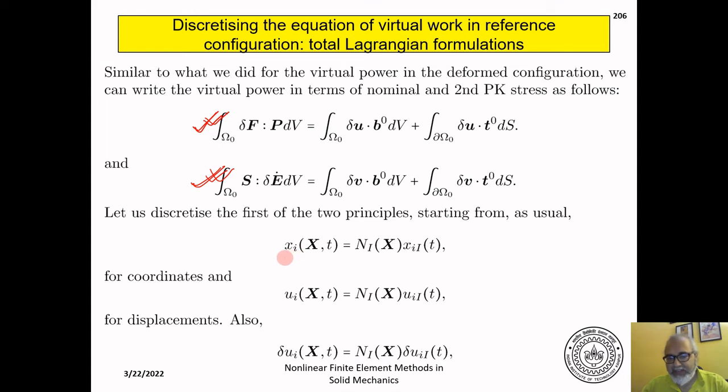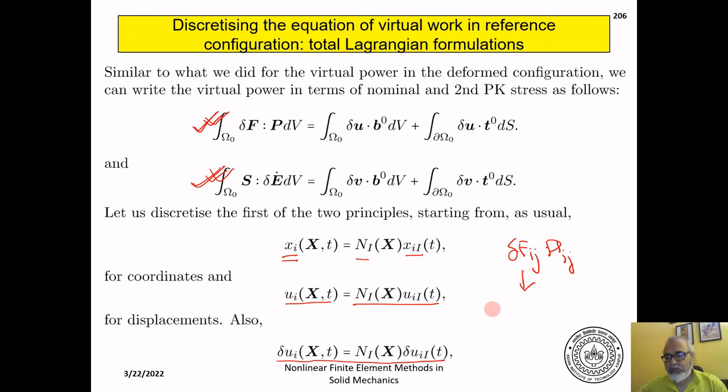Again, xi, the position vectors, are Ni times xIi, and displacement components are interpolated in exactly the same way. Delta ui is this. So now I'll have to do delta Fij times Pij.